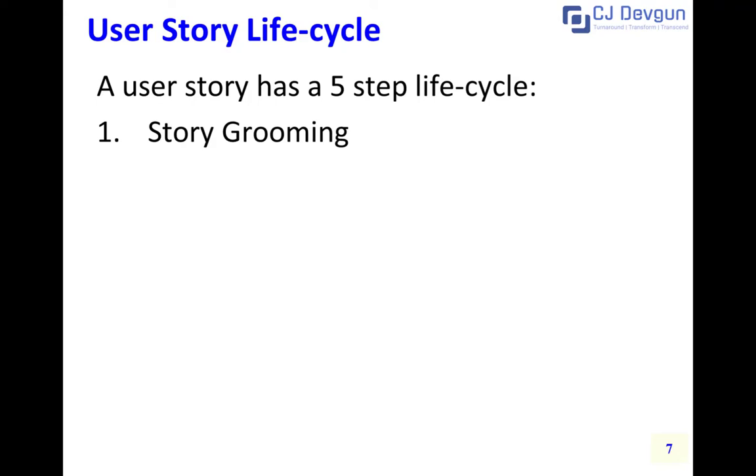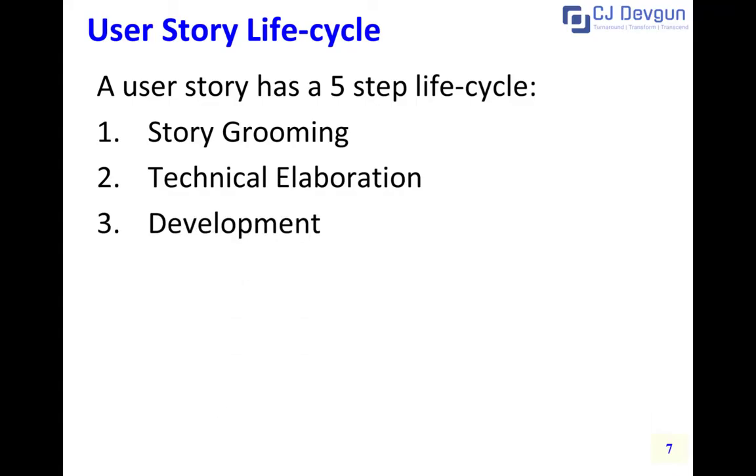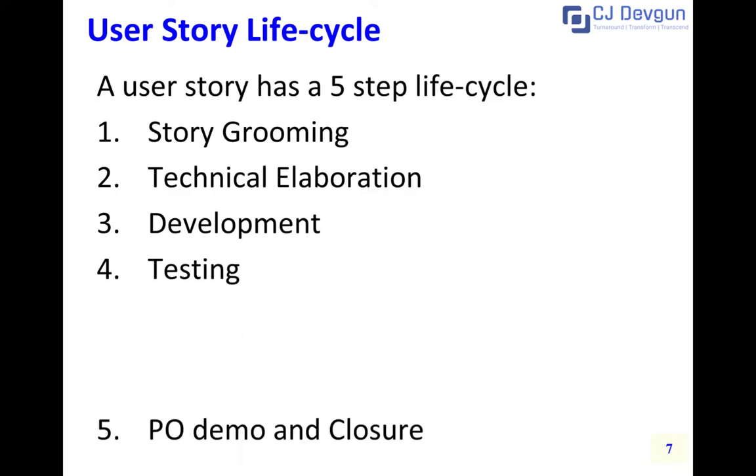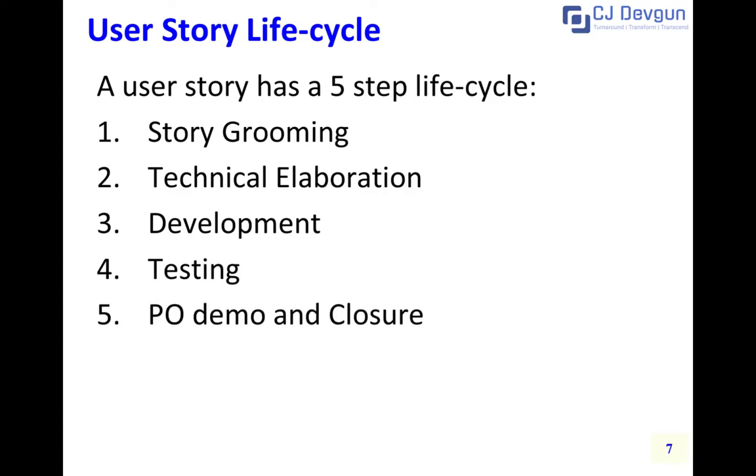Number 1, story grooming. Number 2, technical elaboration. Number 3, development. Number 4, testing. Number 5, demonstrating the finished user story to the product owner and other relevant stakeholders, and if it passes, close that user story.